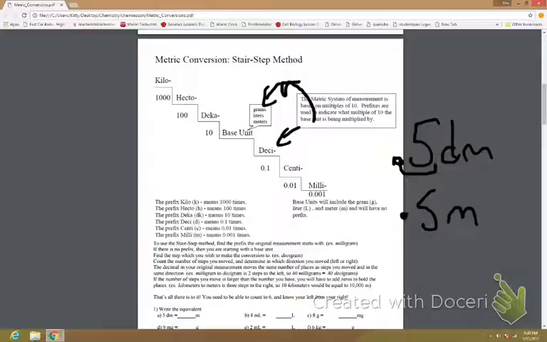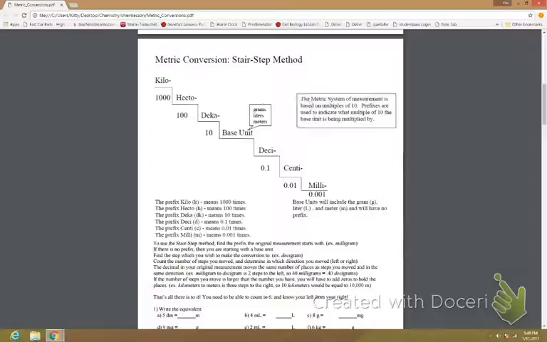If you look at B, it says, if you have 4 milliliters, how many liters would you have? Well, the milli starts right here, and I want to go to liters, which is right here. So I have to move 1, 2, 3 spots to get there.